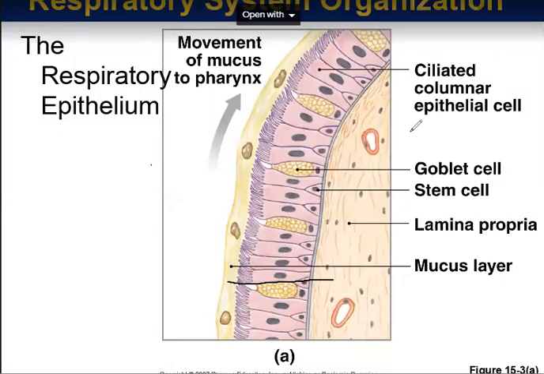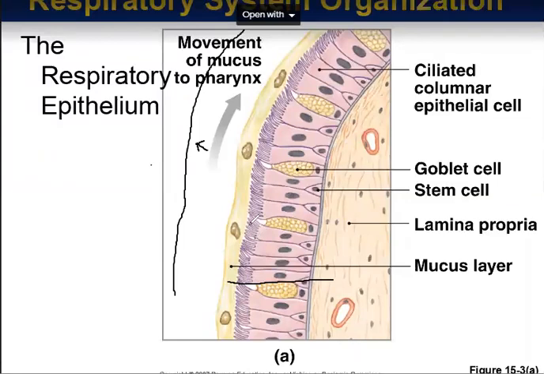Okay, and then we got the inside of the lungs. So imagine over here to be a tube, such as the bronchial tube or the trachea or something like that, okay? And imagine this side here looks identical to this side over here. And then air is going to come in. And as you see here, we have our mucus, right? This is the sticky fluid. This says mucus layer. You're going to have the sticky fluid here.